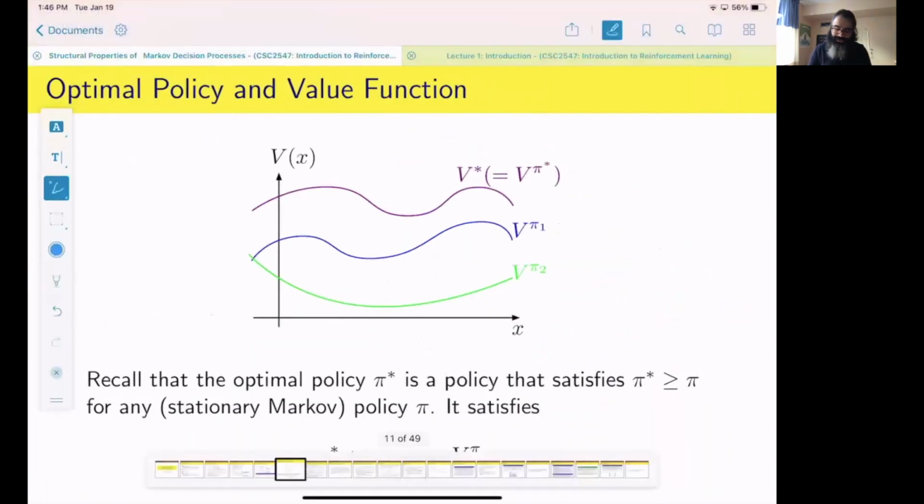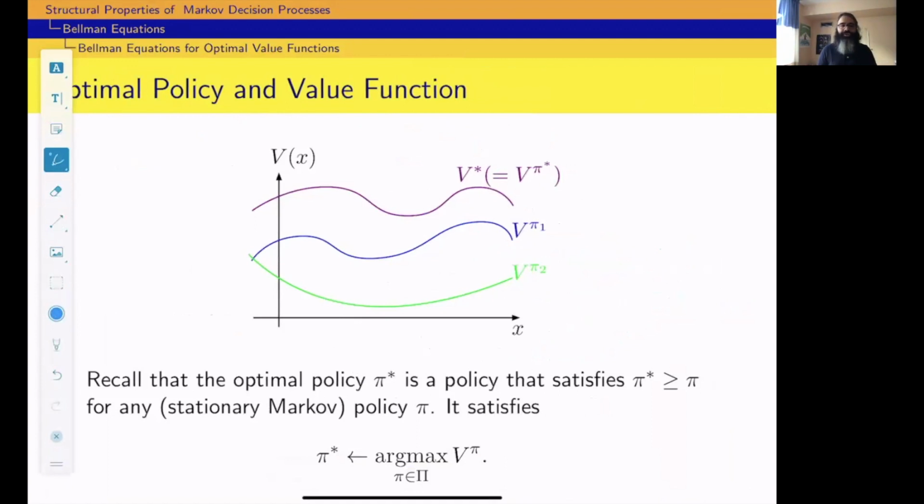But before that, let's talk about optimal policy and value function, which we had in the previous lecture. The optimal policy is essentially the best policy, so its value would be higher than any other value. What I'm showing here is the state space x and v of x, with some examples of v of different policies, like policy pi 1, pi 2, and this is pi star, the optimal policy.